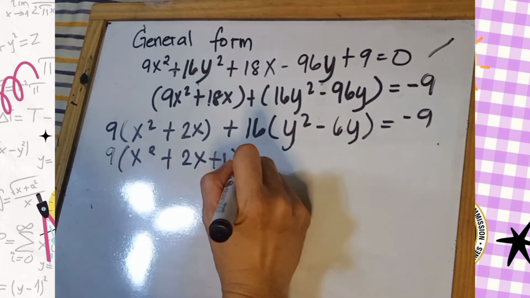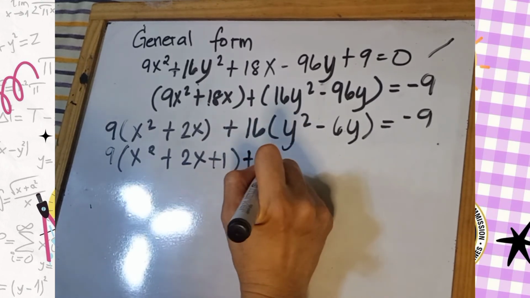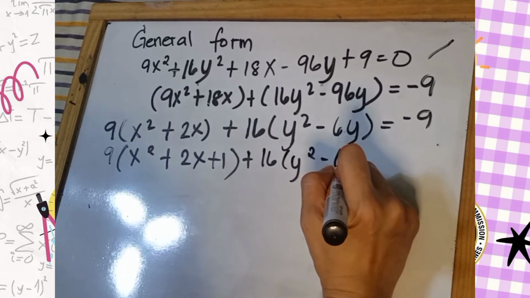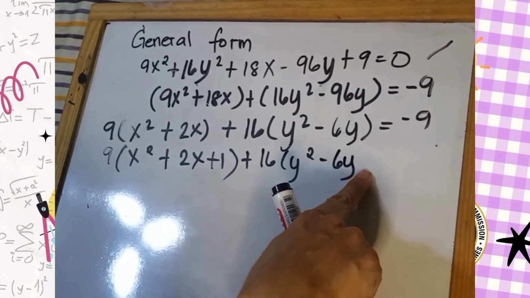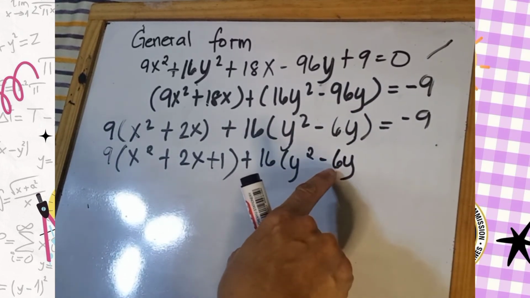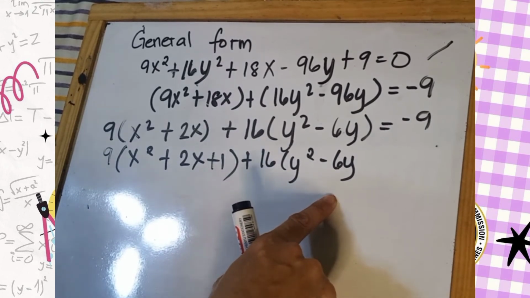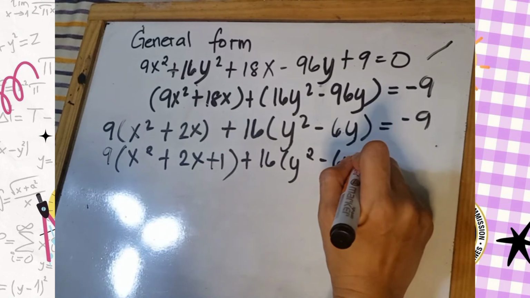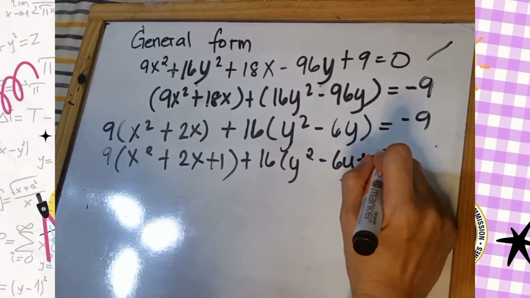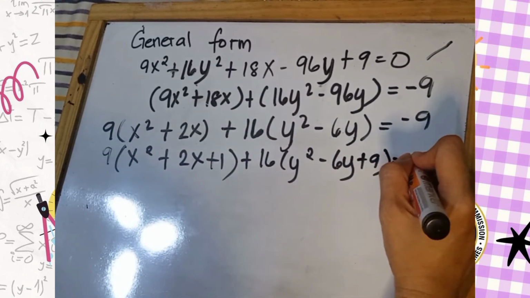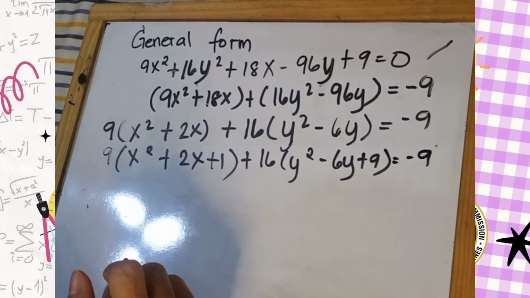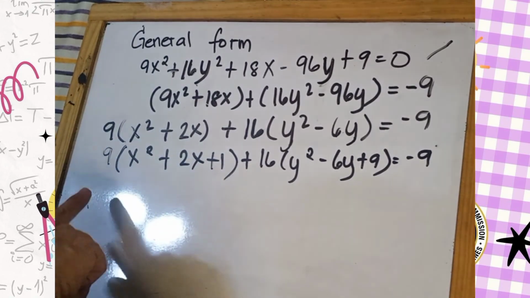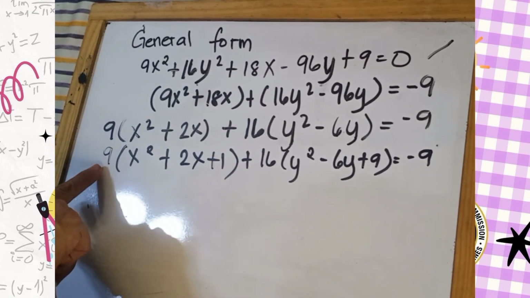And then let's have the second group. We have 16 y squared minus 6y. So what is our third term? Negative 6 divided by 2, that is negative 3. And negative 3 squared is positive 9. Equals to negative 9.